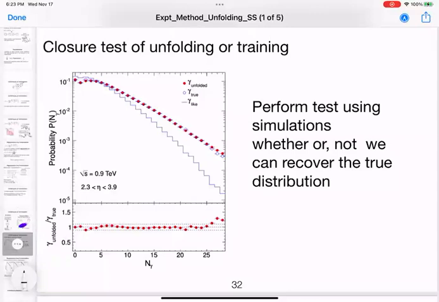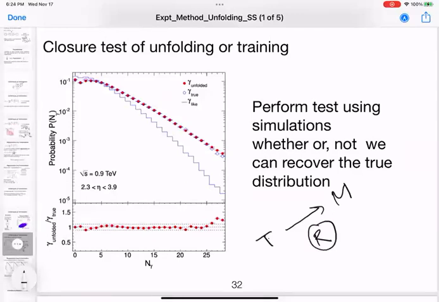What happens? In simulations, everything is known. We have a true distribution, we know our true distribution. These photons pass through your GEANT simulation, and then you have a measured distribution. You reconstruct a response matrix from here.